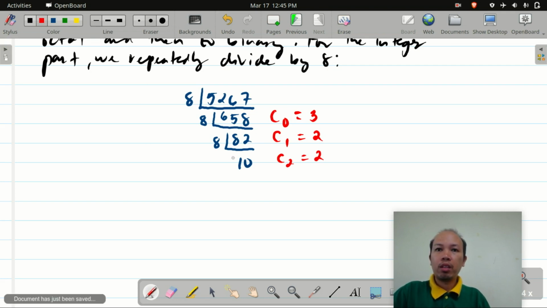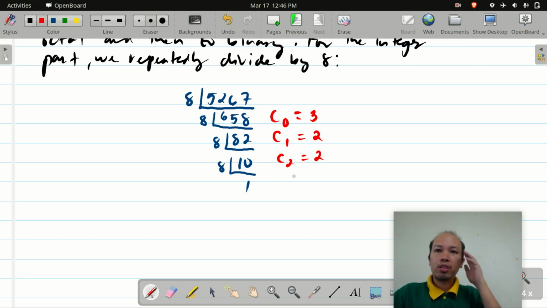Then divide by 8 again, so we have 1 here, and the remainder is 2.